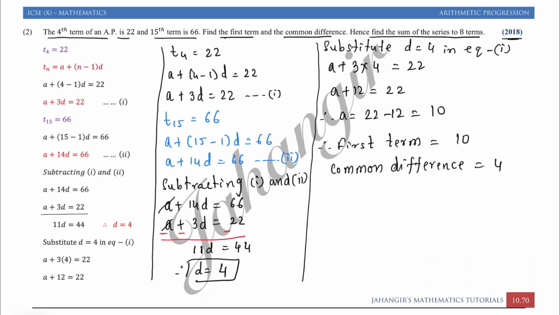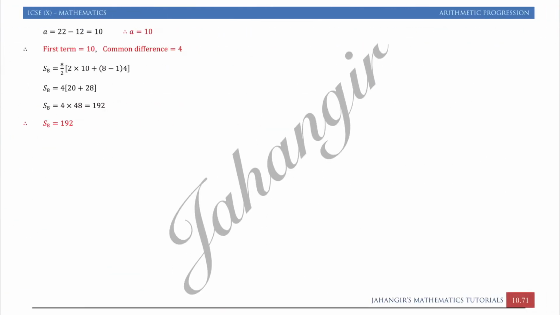Now we have to find S8. For S8 we already have the first term and common difference. We will write the Sn formula first. So we will write Sn is equal to n by 2 in bracket 2a plus n minus 1 into d. So therefore S8, sum of 8 terms we want, so we will write 8 by 2.